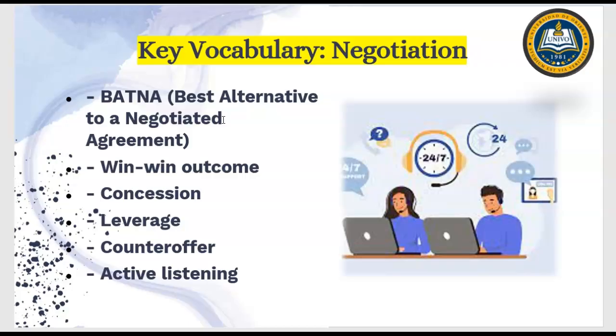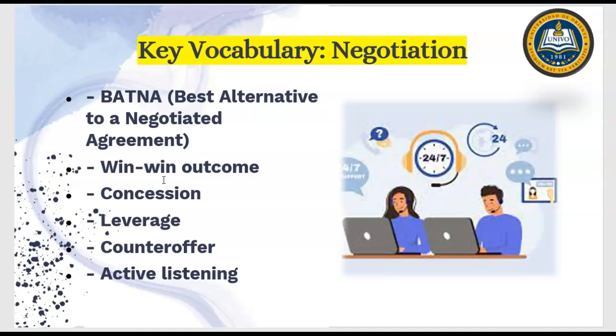Sometimes you're going to get the goal, you're going to get a great margin of the process, and sometimes you're not going to get what was expected. Sometimes it is going to be a win-win outcome, so you both win.